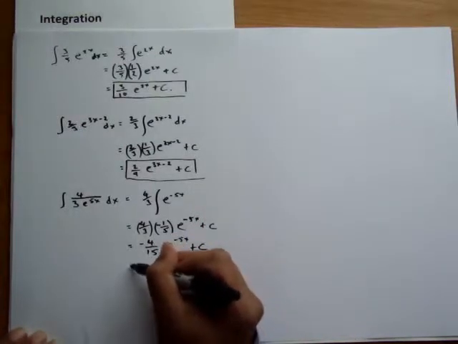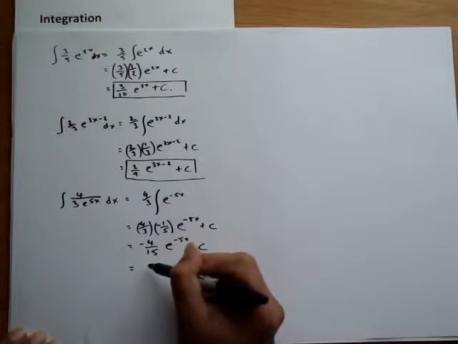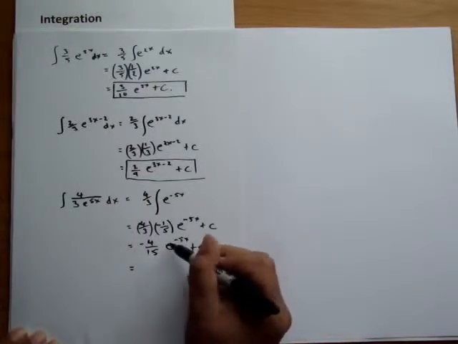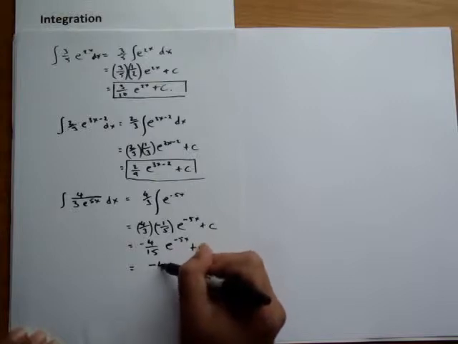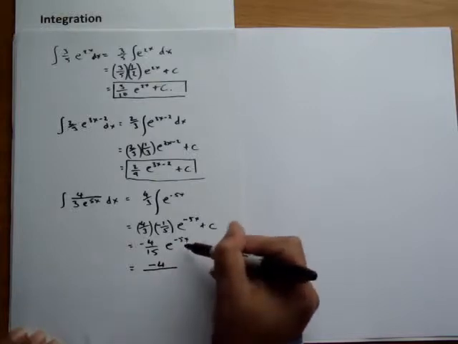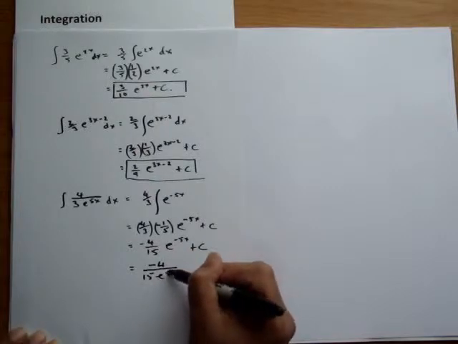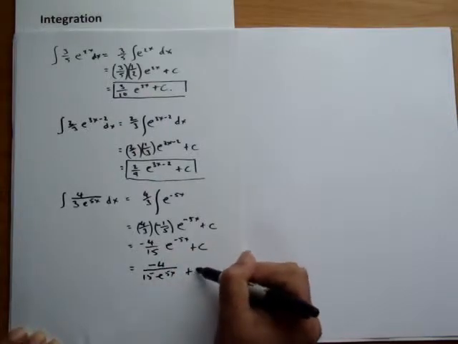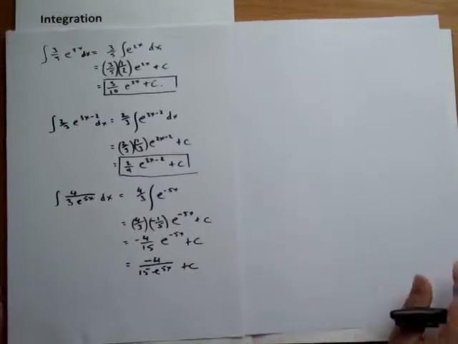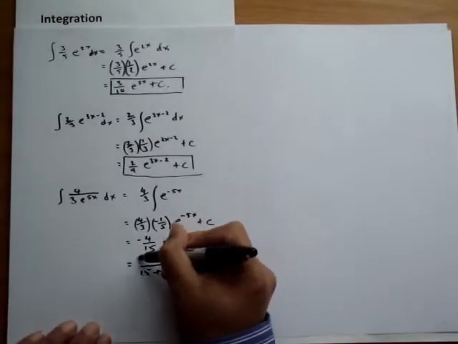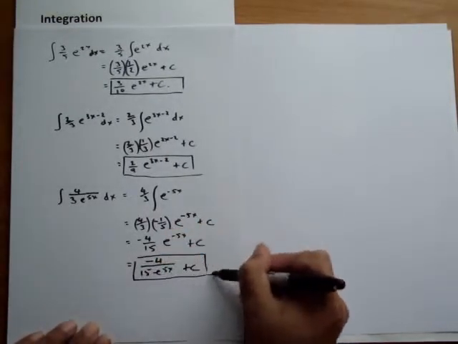If we want to combine the e with the minus 4 and 15, because of the minus sign, leave the minus 4 on the top. Remember, the minus goes on the bottom of the fraction, so it's 15 e to the 5x plus c. And that is our answer.